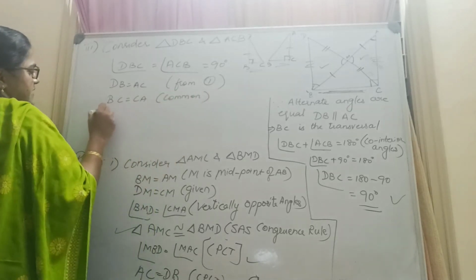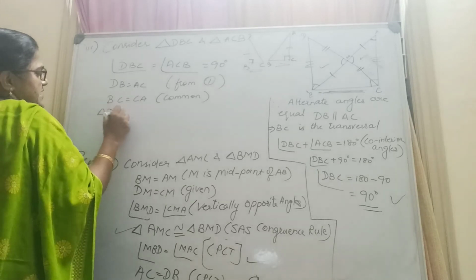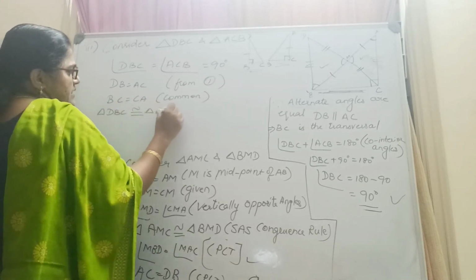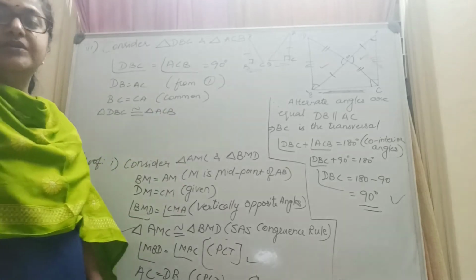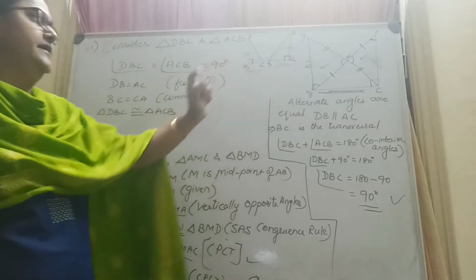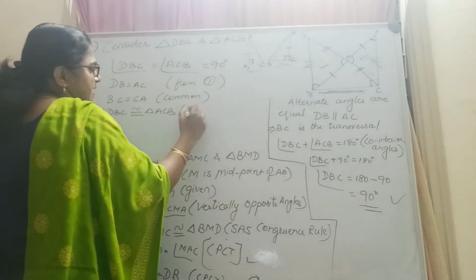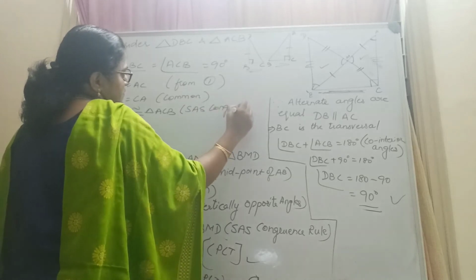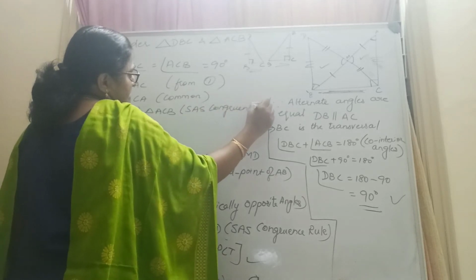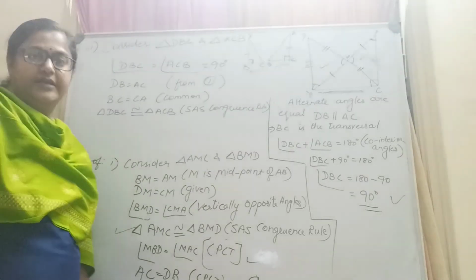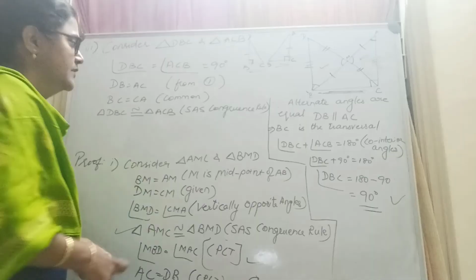So now both the triangles, that is DBC is congruent to triangle ACB. What is the congruence rule that is used here? Side, angle, side. So by SAS congruence rule, both the triangles are congruent to each other. Okay.